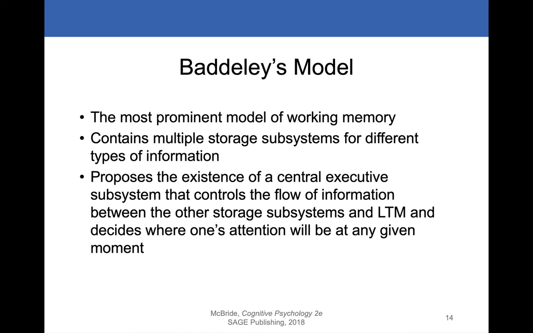And these different types are based on the different types of information that we have to process. He also proposes the existence of a central executive subsystem that's sort of on top of all of these other working memories. And this central executive controls the flow of the information between the other storage subsystems and long-term memory. And it helps to decide where your attention will be at any given moment.